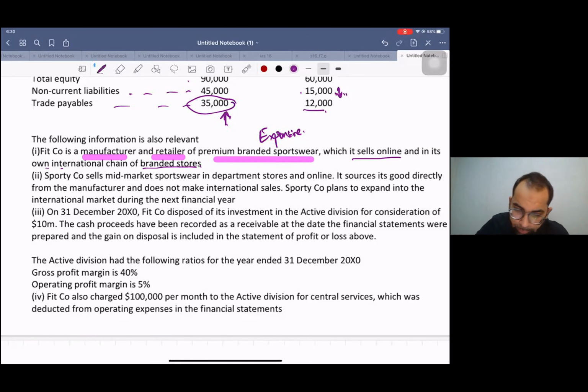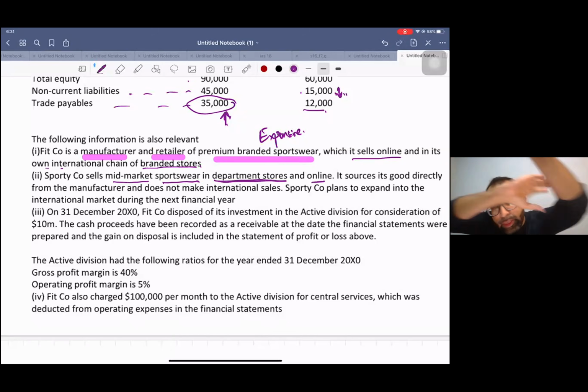Now, the other company, Sporty company, sells mid market sportswear in departmental stores and online. See the game. You have seen the big department stores, and there are different racks of different products.